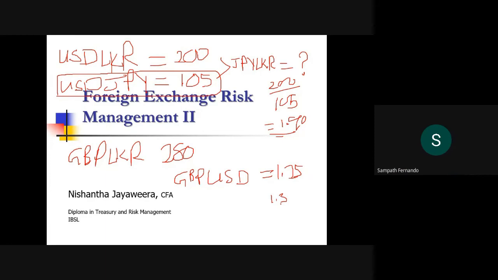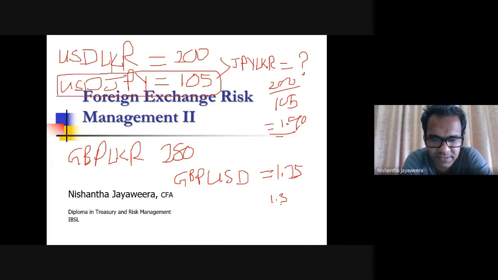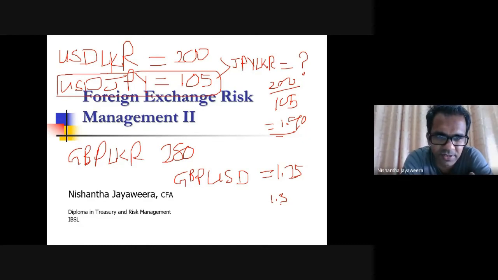In the case of USD JPY, usually the JPY, USD and Euro are about 1 point something. But how is that 100 level maintained? No, that's a question. That's the market dynamics, depending on the exports and imports between dollar and yen. So the rate remains at 105. Sometimes it even goes to 120.